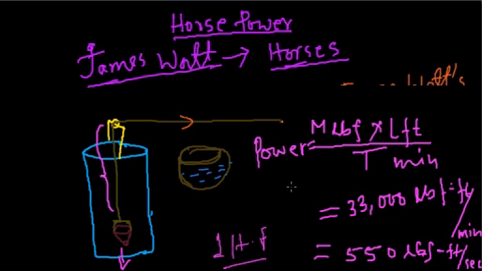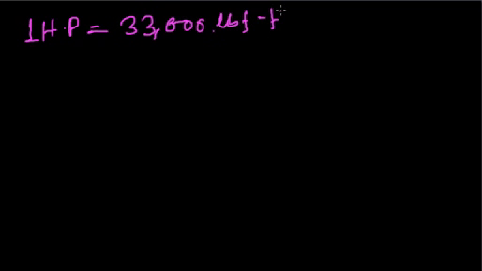Now how do we compare this power with the power of an engine? We know 1 horsepower equals, by experiment, 33,000 pound force foot per minute. Now let us see an engine.